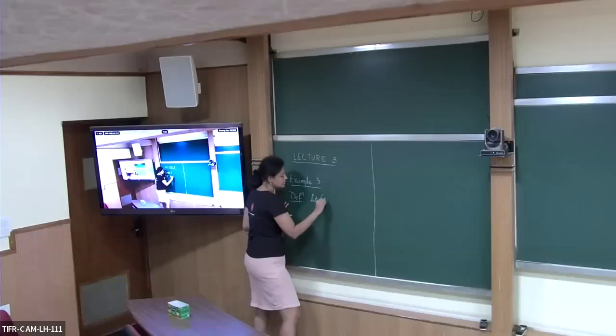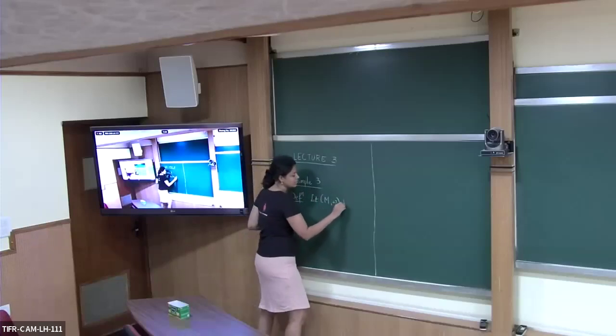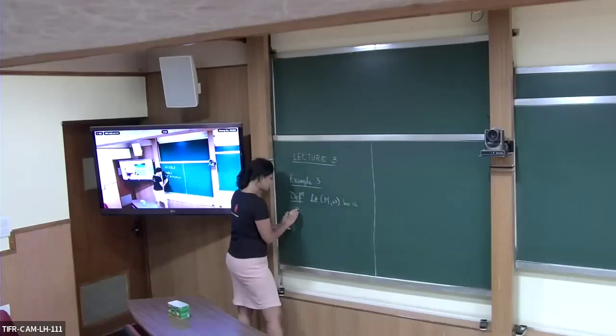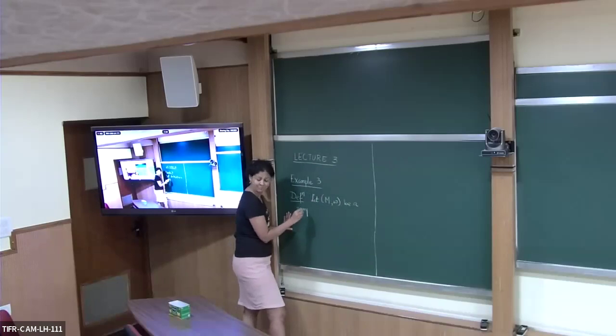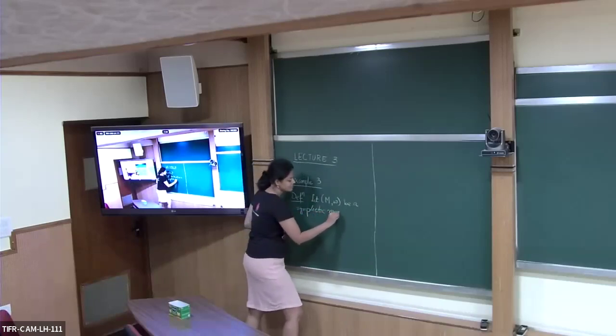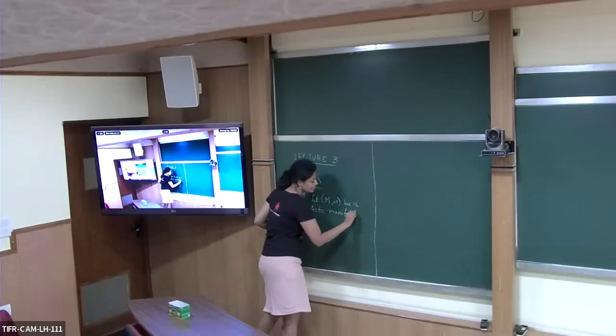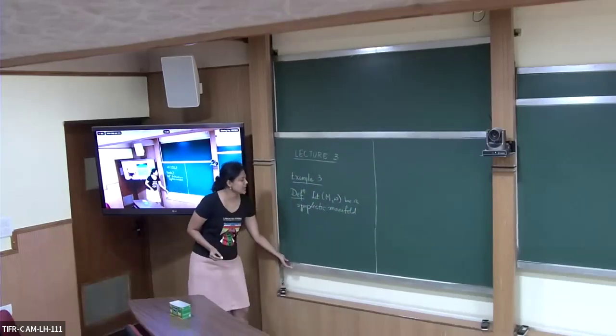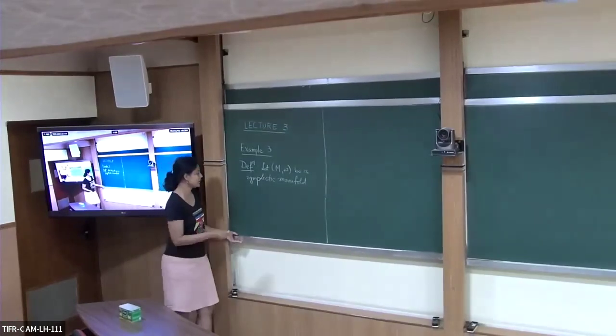So let (M, omega) be a symplectic manifold. And again, the one that we are going to care about is M equals C^n, and omega is the standard symplectic form.